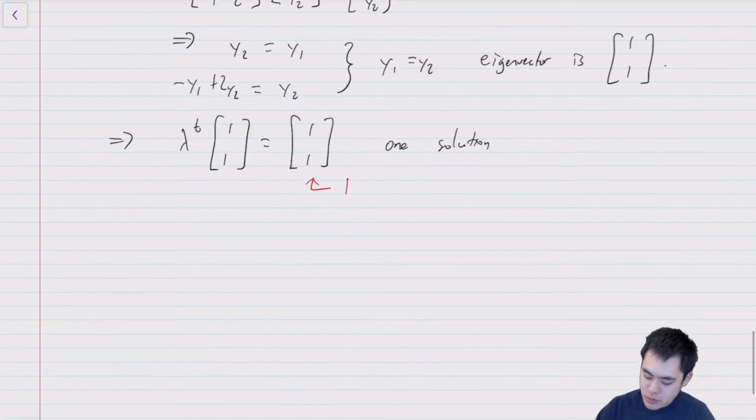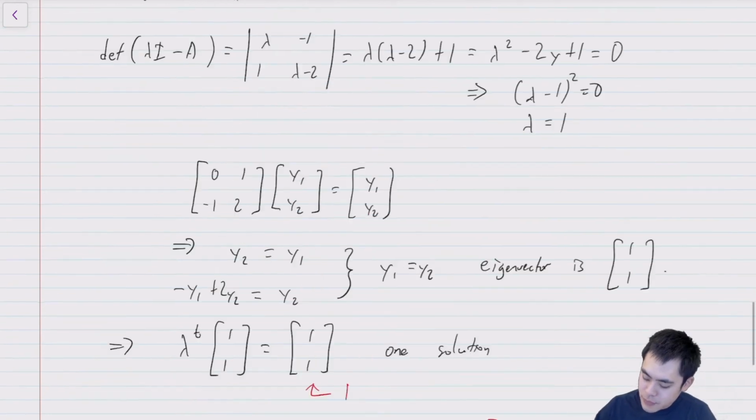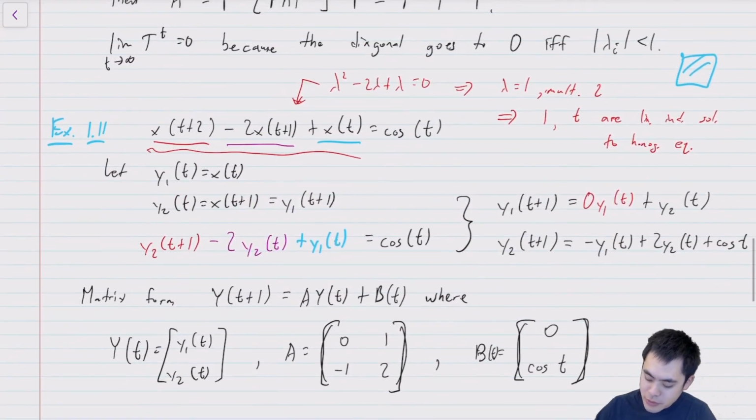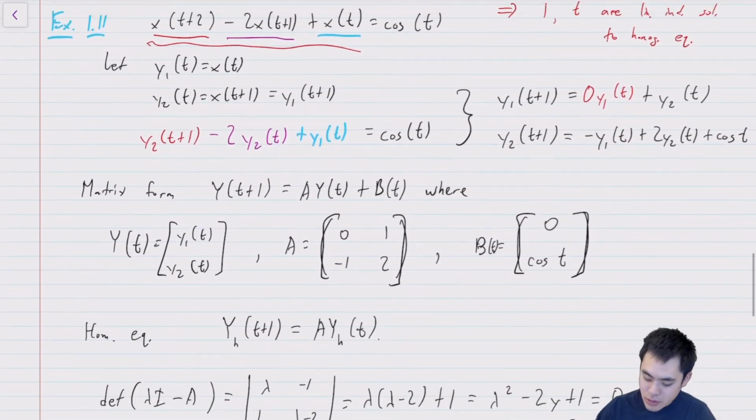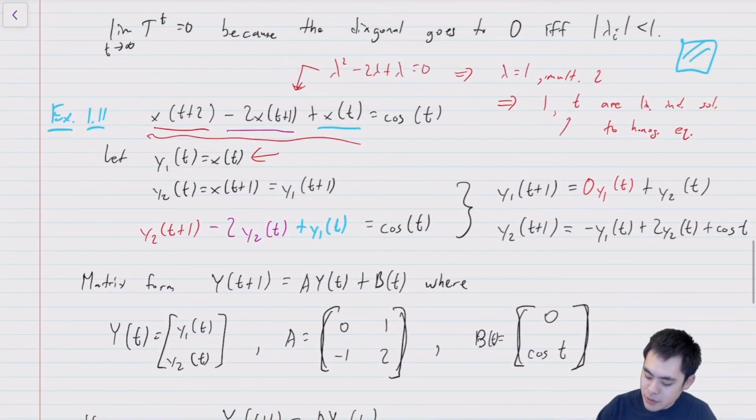So another solution, using methods from last time, is t, because y1 of t is just x of t, and x of t here is just t.